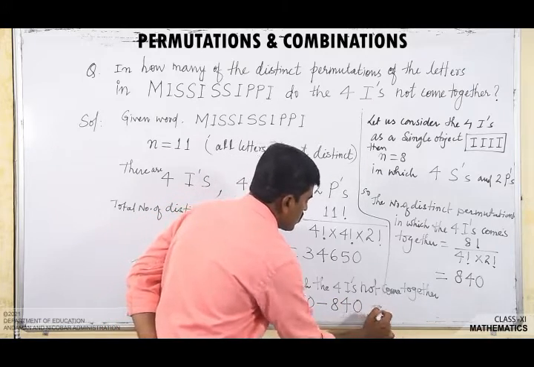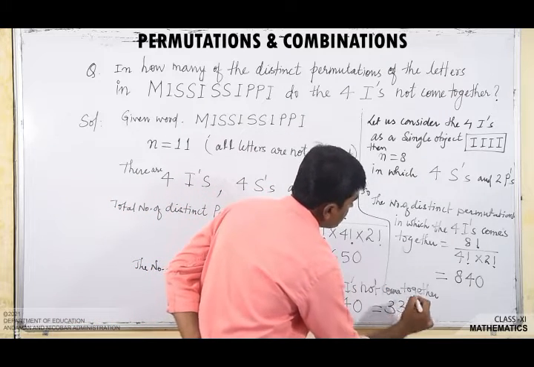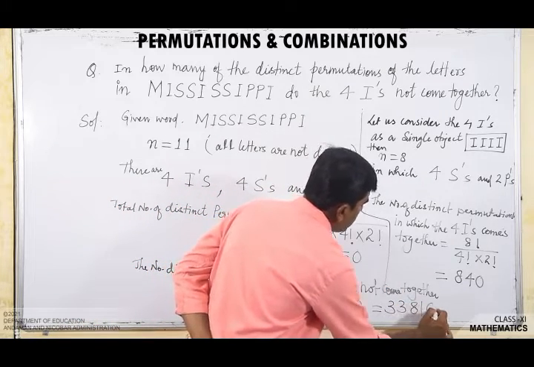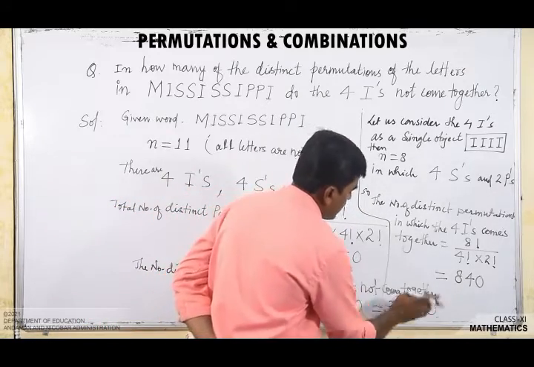Just subtract it, and you will get 33,810.